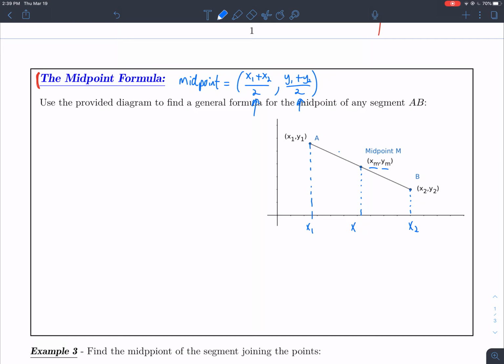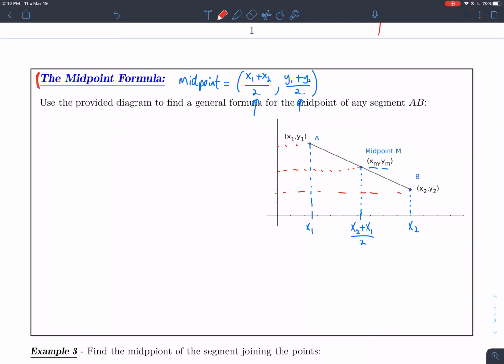Now, that doesn't mean that this is equal to this. I'm not assuming the answer of my proof. That's not what I'm doing. I'm saying let this coordinate here be x2 plus x1 over 2. Let it be the average of those two coordinates. And then here, let this point be the average.